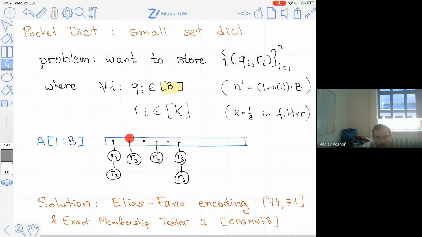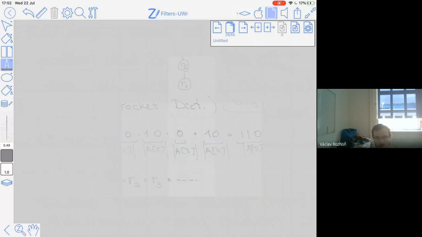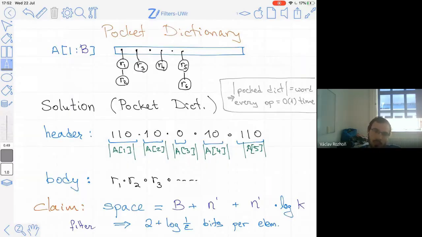And maybe some of the Qs do not have any Rs that belong to them. And we want to store this small set. The solution is to use a variation of an encoding called the Elias-Fano encoding. This is back from the 70s. The same type of encoding also appears in the Carter et al. paper. It is called the Exact Membership Tester 2. So let me tell you what that is. Of course, we discovered it independently, but I would say some 40 years later.